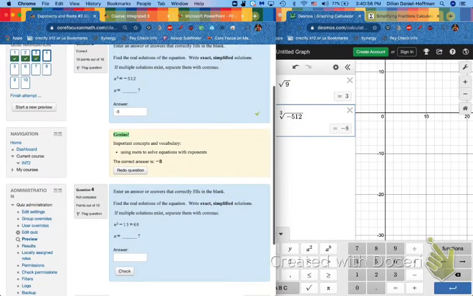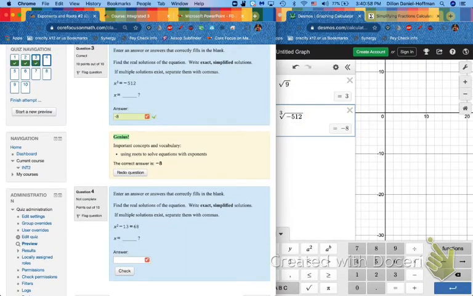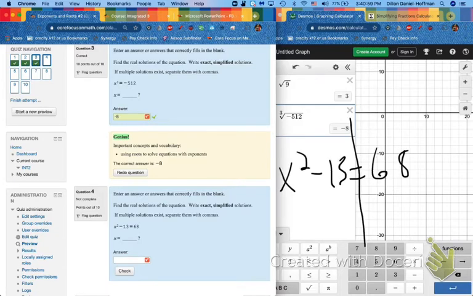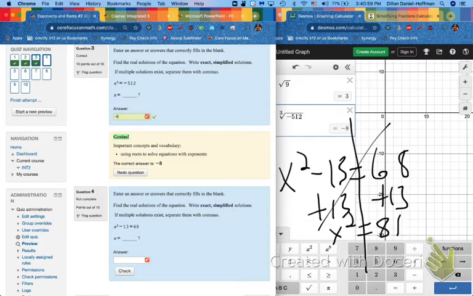Starting on number 4, we're going to use SADME, do a little Texas two-step again, where we first get rid of what's going on the left side. Is it adding, subtracting, multiplying, or dividing? It's subtracting, so we do the opposite to both sides, treat both our kids equally, plus 13. When we do that, we get 81. I do recommend writing these out.